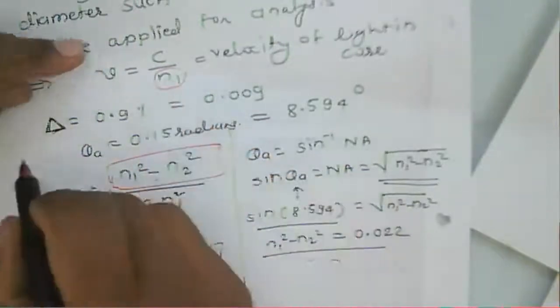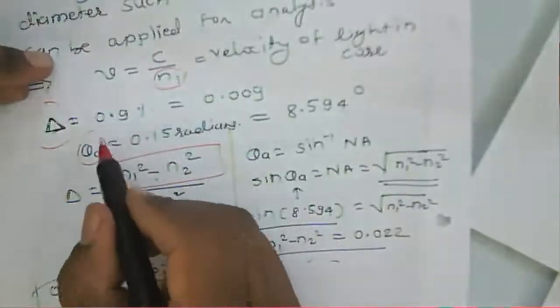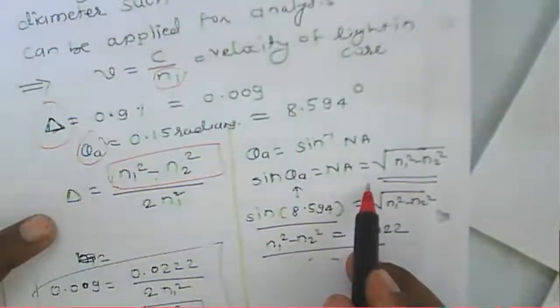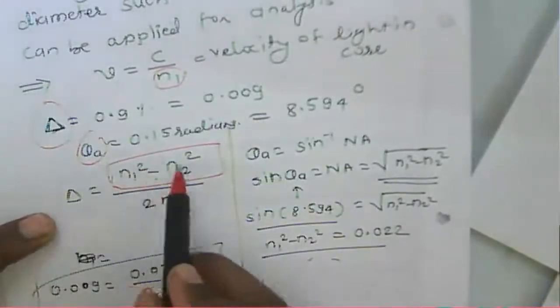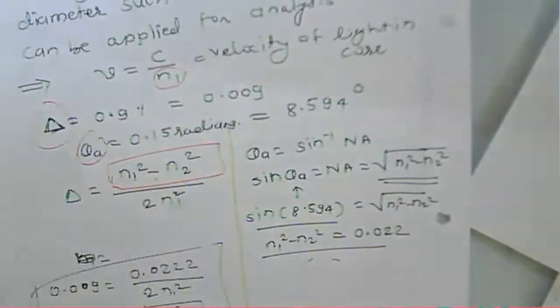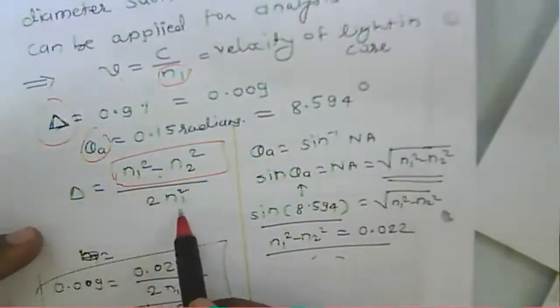How to find out n1? The terms given are delta and the acceptance angle. We have written the equations of delta and the acceptance angle there, and from those, one common term is n1 square minus n2 square. That is to be used to obtain n1.